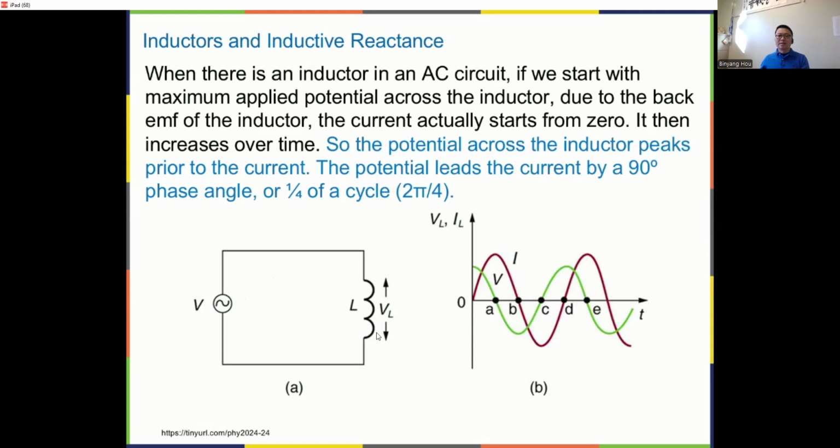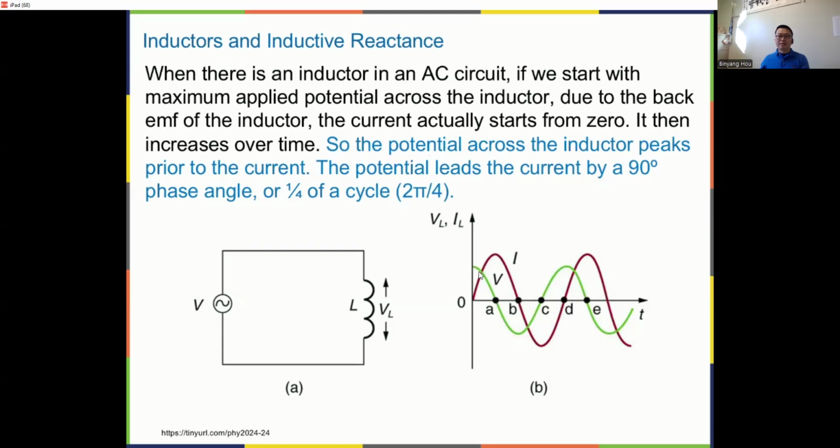Okay, so let's say you have voltage applied to this, and there's back EMF on it. This is kind of like charging the inductor that we mentioned earlier, right? If we are charging the inductor, the current actually goes up from 0. So when you have V applied, the current starts from 0, small here. Let's say you start with the peak voltage here, then the current will go up and peak later.